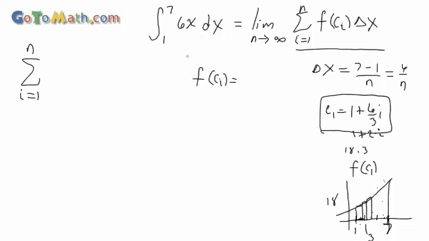So here's our function. Our function is 6x, and when we plug c i into it, it's 6 times c i, which is going to be 1 plus delta x times i. And so delta x is 2.